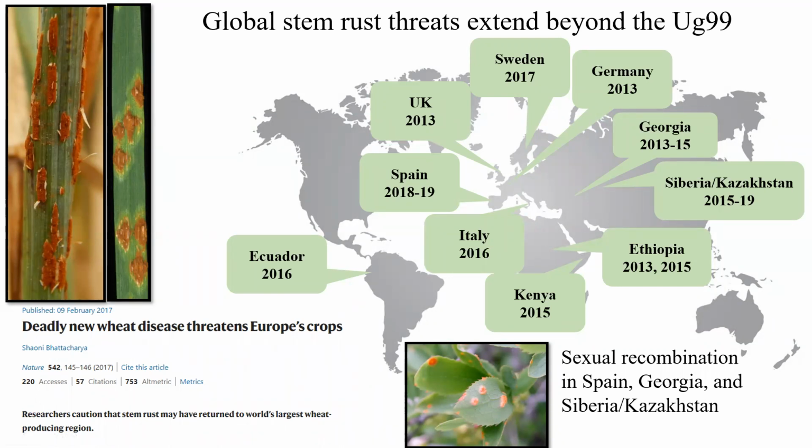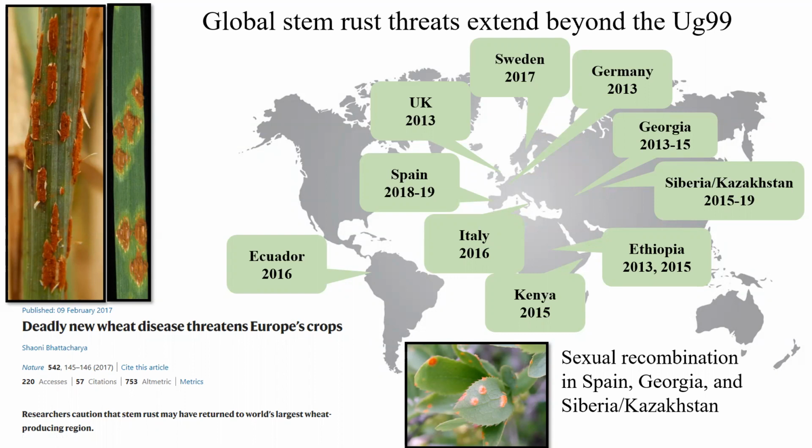So this shows that we should worry not only about the Ug99 races, but also other races that appeared in the region that have several combinations of virulence to stem rust resistant genes.